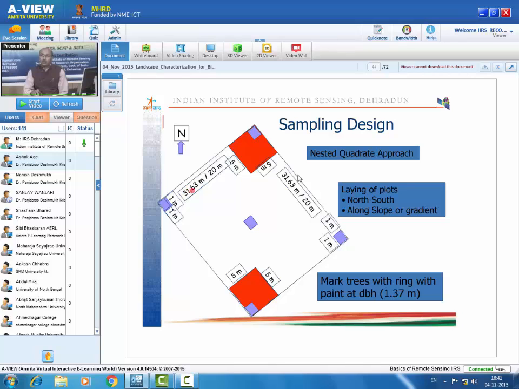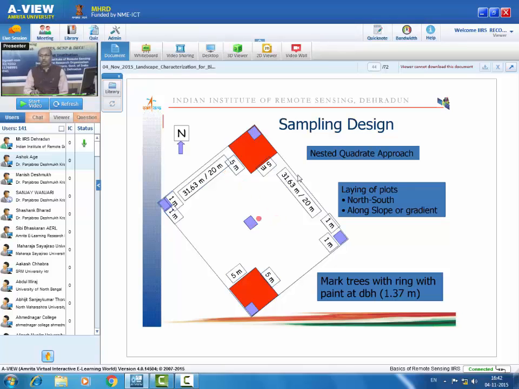So 31.63 meter or 20 meter, depending upon the energy, depending upon the money, depending upon your objective, what you want to do, you can try to have a plot. Basically, we do the species area curve to determine the plot size, but nevertheless, in India, we follow the 0.1 hectare sample plot, which is uniformly acceptable.